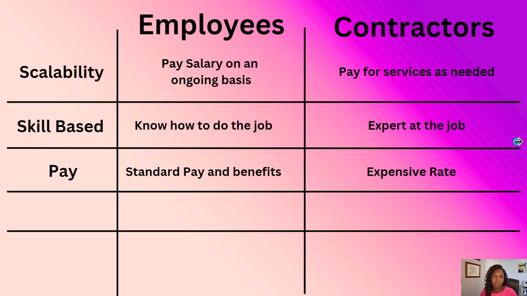Pay. When you're talking an employee, you pay an employee a standard pay. Generally, you pay by the hour or a salary pay. Plus, you are paying for health benefits, health insurance, dental insurance, vision insurance, depending on what kind of business you are.